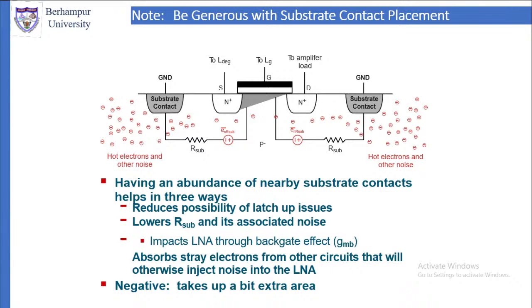Once resistance is reduced, noise will be reduced. Then it impacts the LNA through the backgate effect, GMB, the backgate conductance, which will absorb the stray electrons from other circuits. If these are not absorbed, the stray electrons are going to inject noise into the LNA.